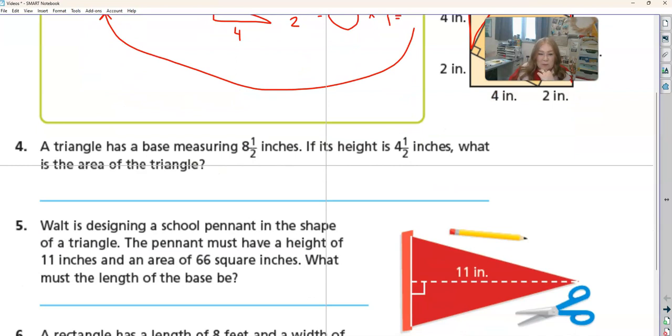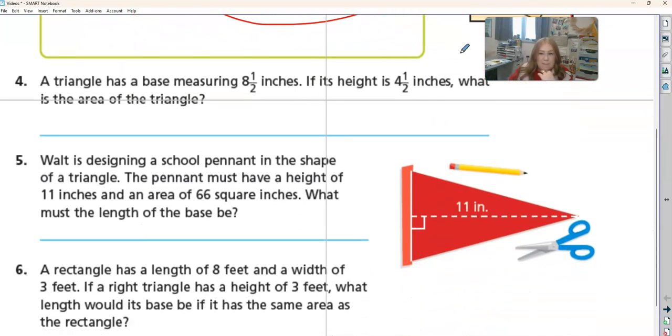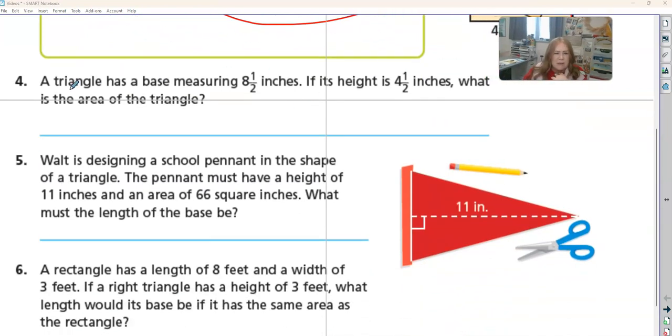Okay, our next one, number 4, says that a triangle has the base of 8.5. So I'm just going to draw myself a triangle here so I can picture it. 8.5, and the height straight up from the base is 4.5. What is the area?